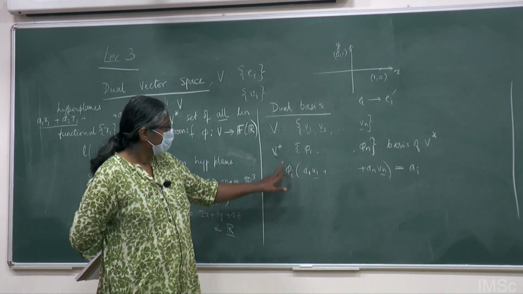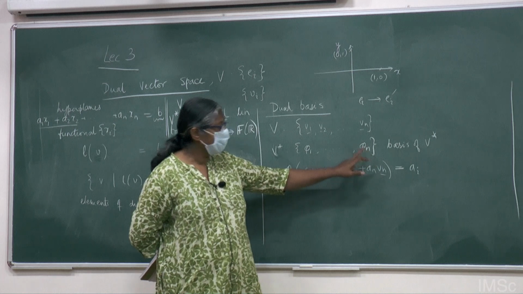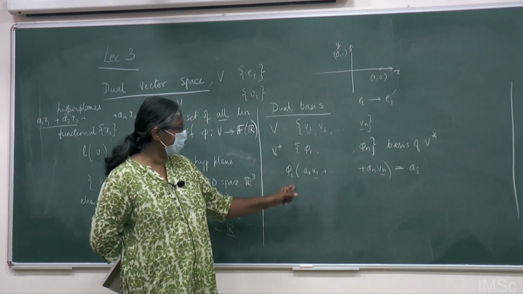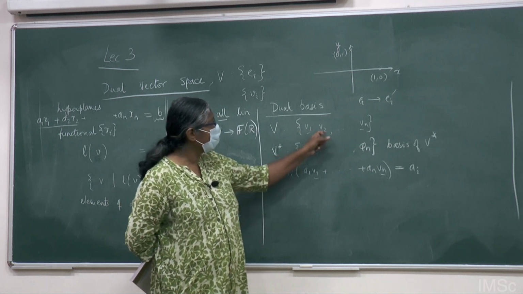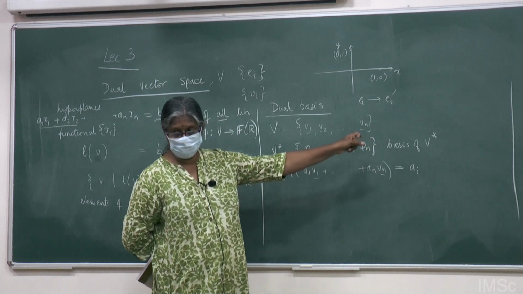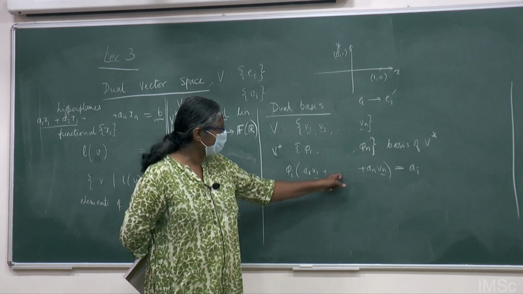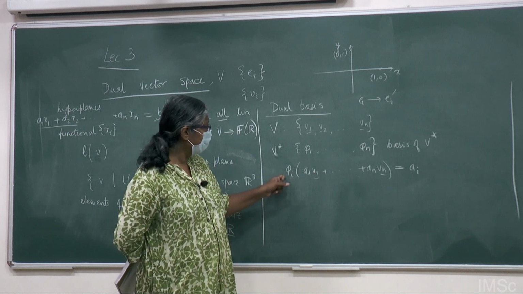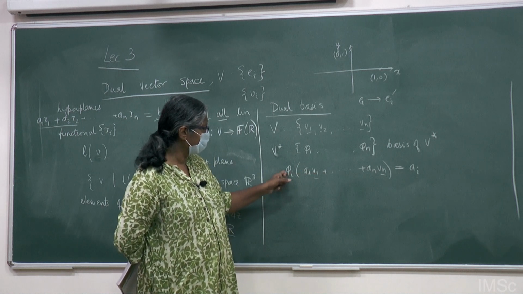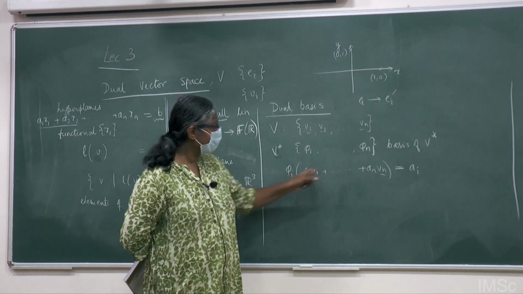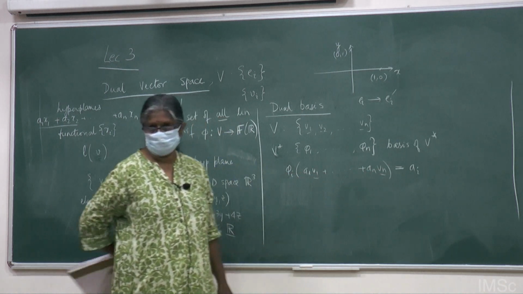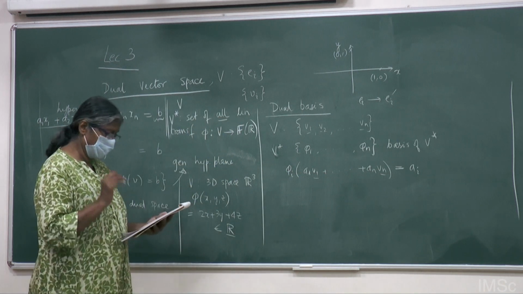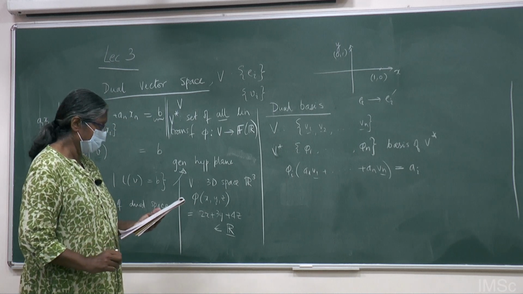The dual basis is defined such that phi i acting on the original basis vectors pulls out the ith component ai. So phi 1 will pull out a1, phi n will pull out an, and so on. So this is the definition of the dual basis.